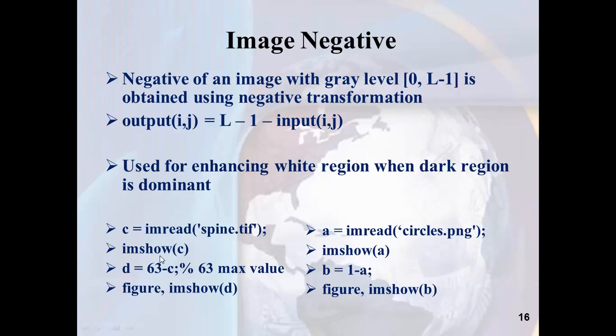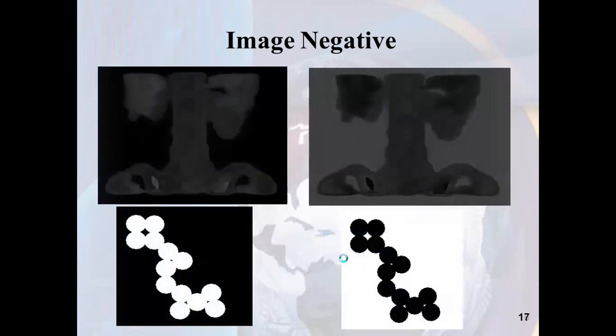But now just two examples. In the first, the maximum is 63 because the data is coded on 4 bits or 5 bits, while here the values are between 0 and 1, a percentage image, because the values are between 0 and 1. So this is the idea behind the image.